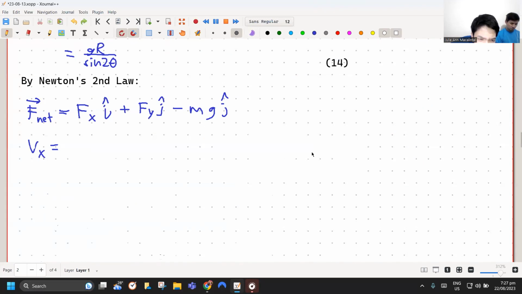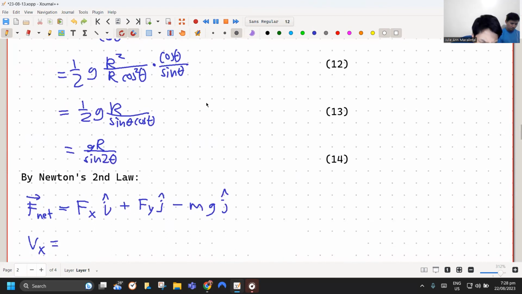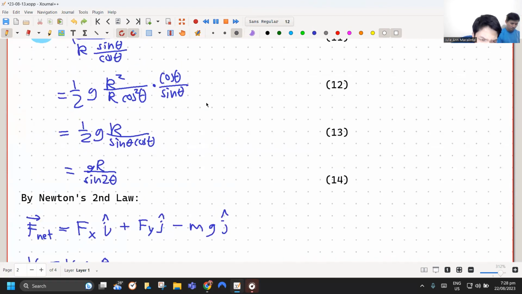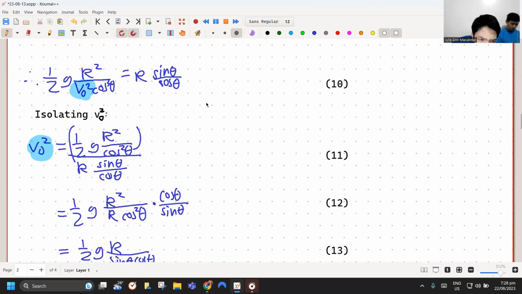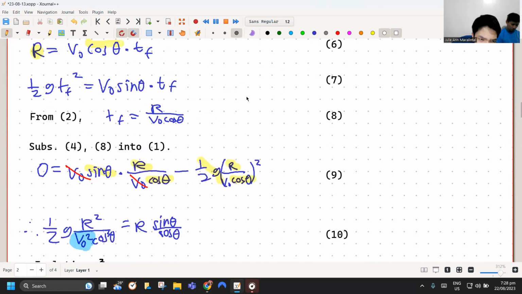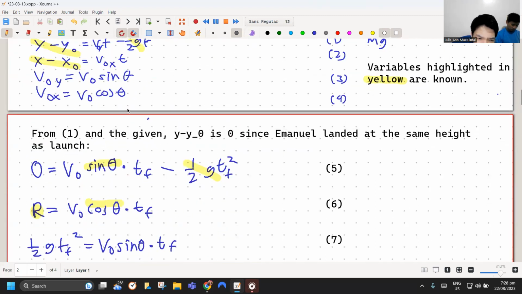So now Vx, which is the velocity in the x-axis, is equal to V0 cosine theta. This is because we already have this formula, V0 cosine, where is it? Here. Number 4, V0x is equal to V0 cosine theta. And we also have a Vx formula.